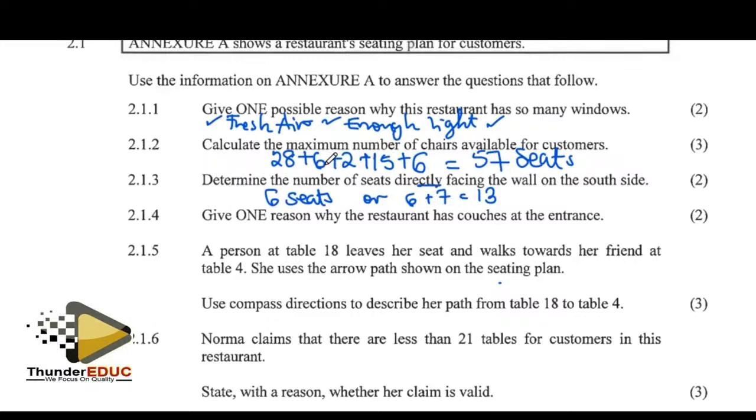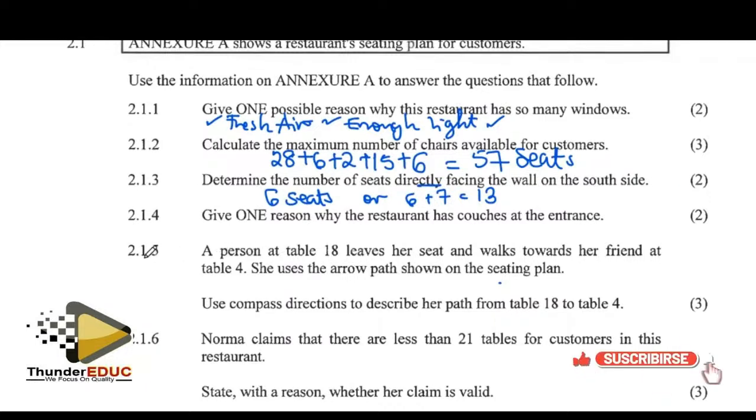So it confuses a little bit. But if someone is waiting for an order, let them have a seat. Then I'm left with these ones to serve. So the couches are for those who are waiting to take their orders. Give one reason why a restaurant has couches.